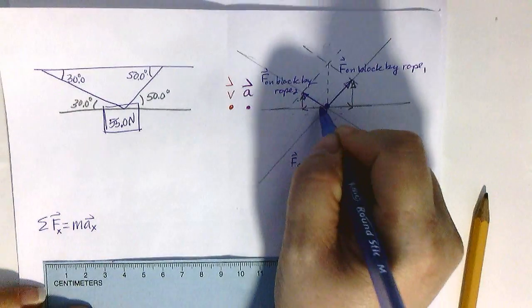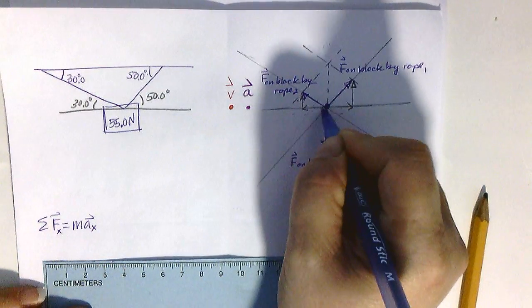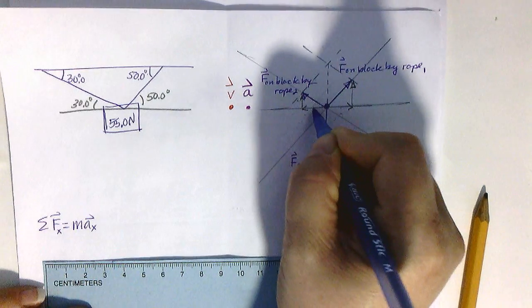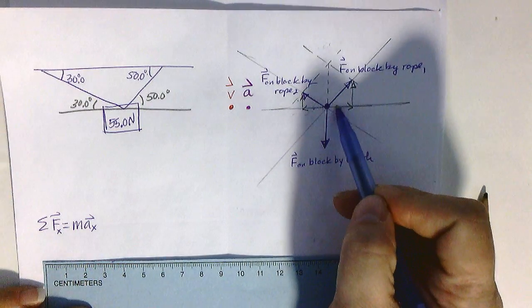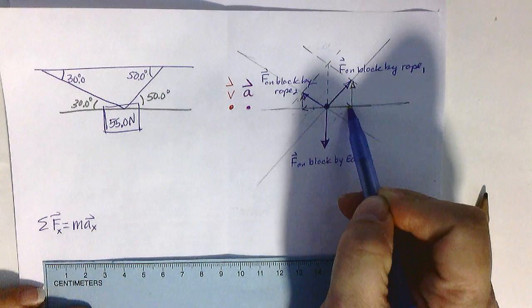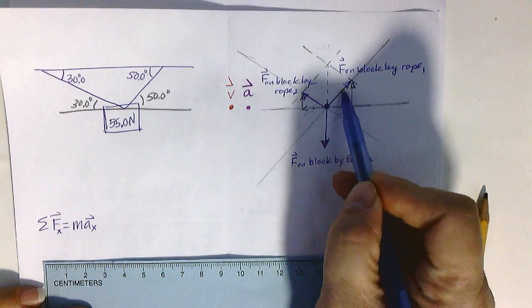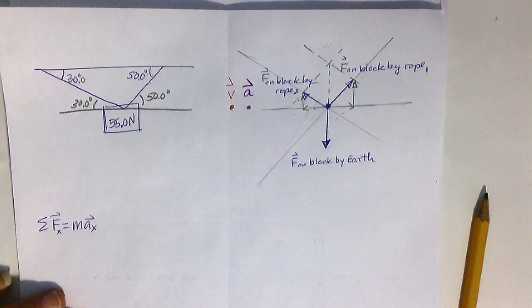Okay, so if this is my 30-degree angle, my horizontal piece is going to be adjacent over hypotenuse. That's a cosine. If this is my 50-degree angle, this is the adjacent side. So this is adjacent over hypotenuse, which is also cosine.